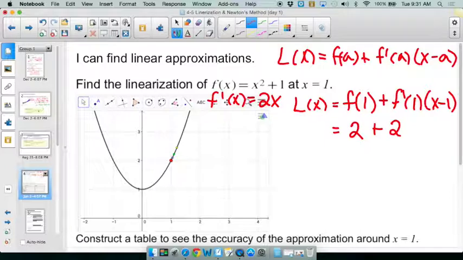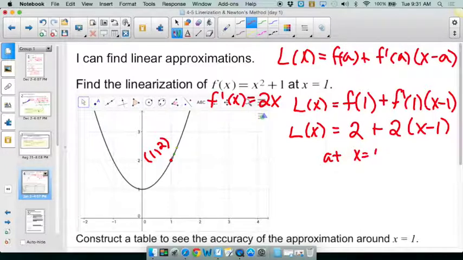So at this red point, I'm at (1, 2). I have a value of 2. I happen to have a slope of 2 as well. So there's my linearization at x equals 1. If I wanted you to give me the linearization at x equals negative 1, would it be the same or different?